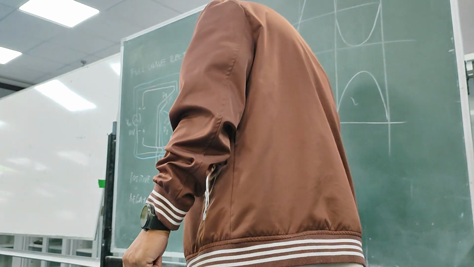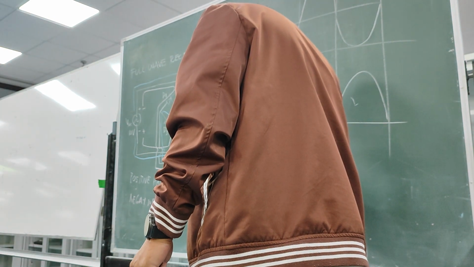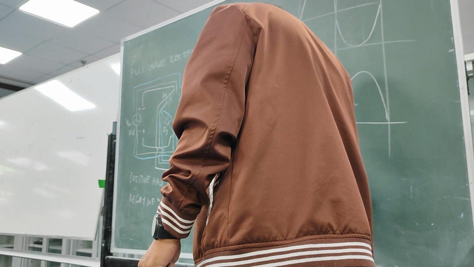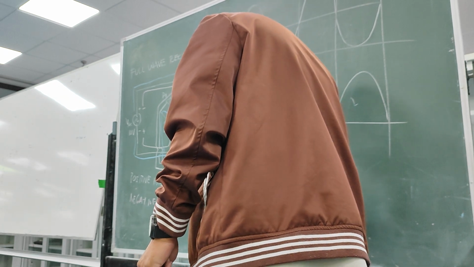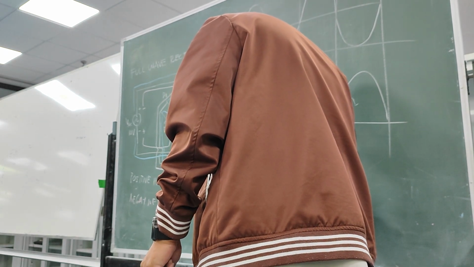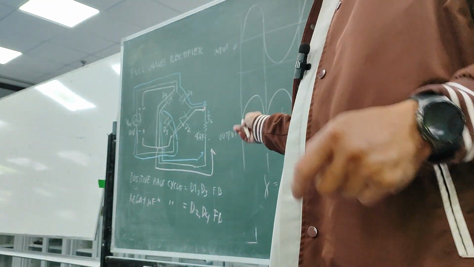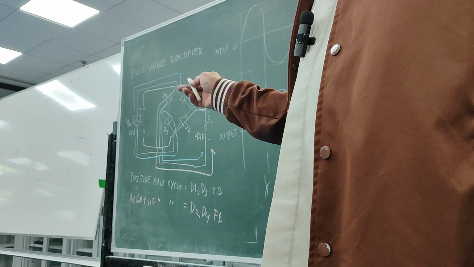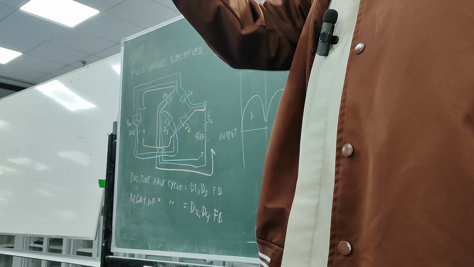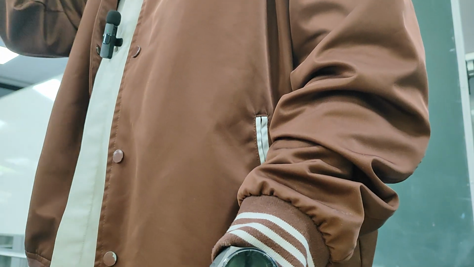Ripple factor is V out AC over V out DC. And you can write this solution in your reports, because in the report there's a part for calculations. You can put this solution in that part.